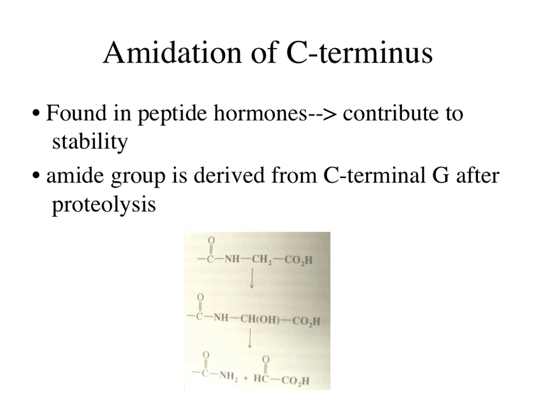Amidation of the C-terminus. They're found in peptide hormones. They contribute to stability. The amide group is derived from the C-terminal glycine after proteolysis. So as you can see, you have proteolysis occurring, and then that's how amidation occurs in this sequence. And this process usually occurs in secretion granules.